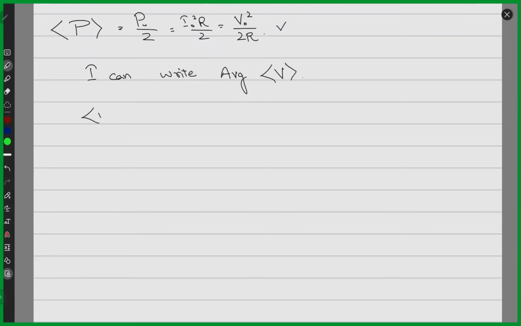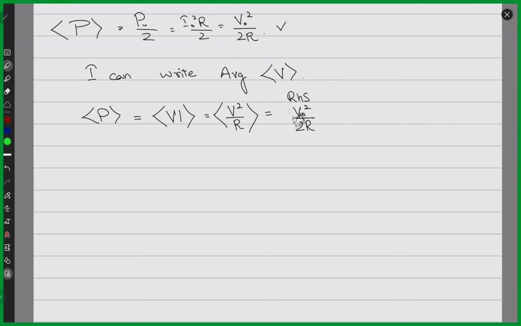Because we know that this is P. This is the same thing as V times I, or it is the same thing as V squared over R, average. Now, on the right side of the equation, the RHS, I have V naught squared over 2R.